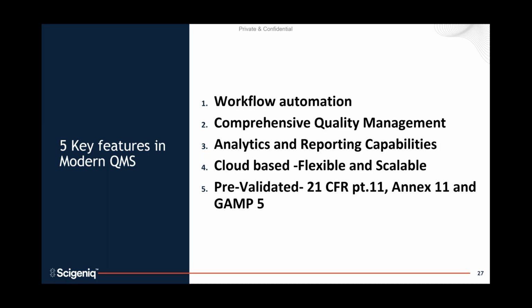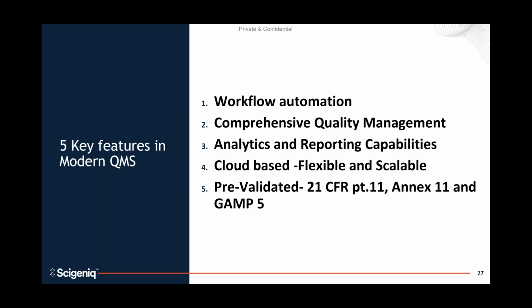First, we need to automate our workflows. So basically, we want to go paperless, and we will see that in a minute. We also want a system that is comprehensive quality management that includes all the quality modules that we need to be compliant. We need a system that has analytics and reporting capabilities.